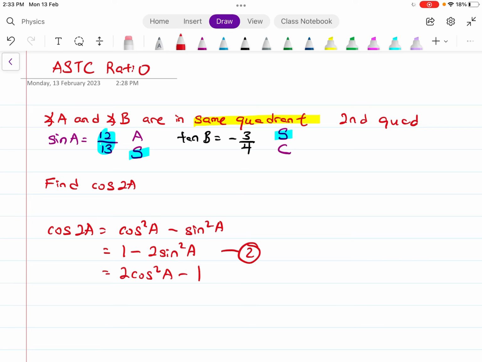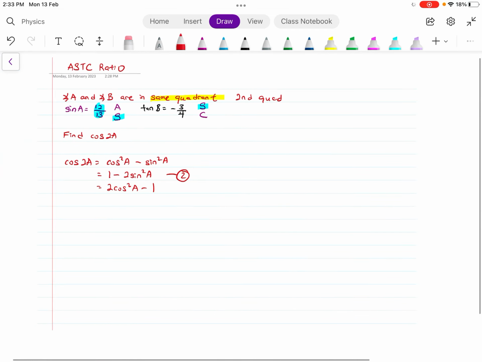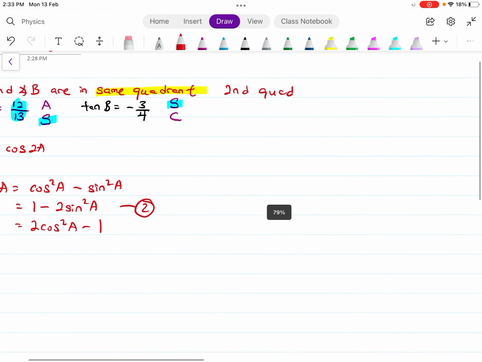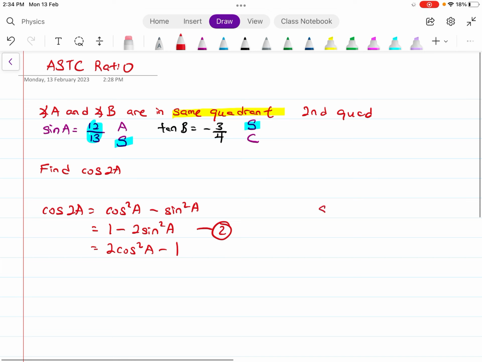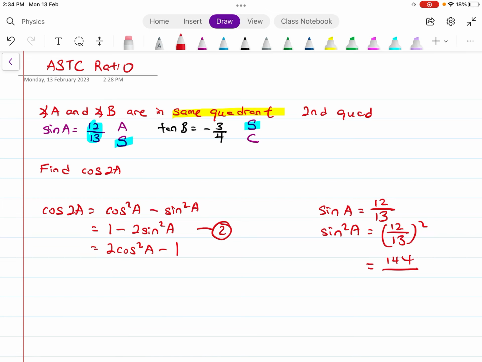Okay, so I know what my sine A is already. My sine A is equal to 12 over 13. So sine square A is 12 over 13 bracket square, which equals 144 over 169.